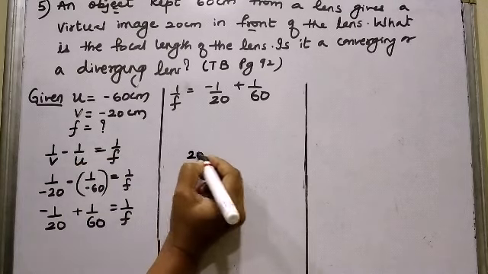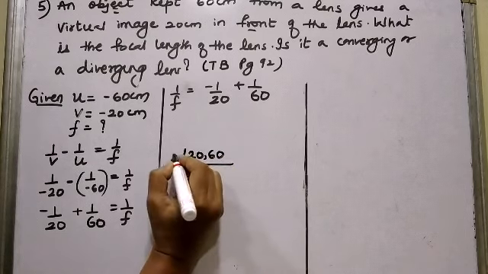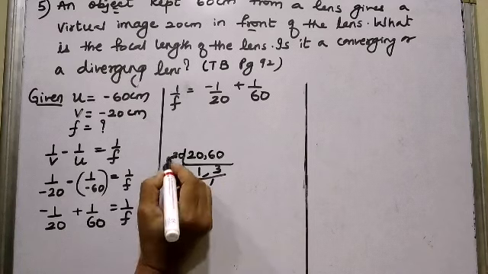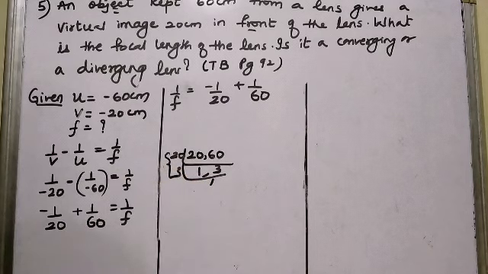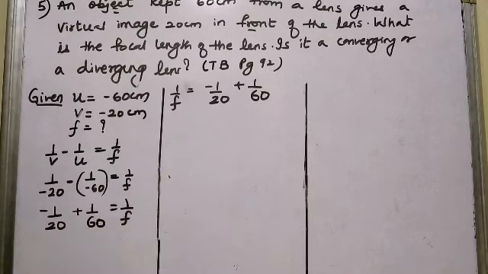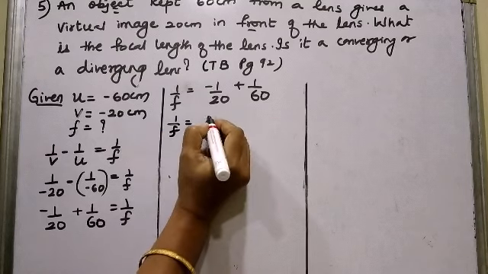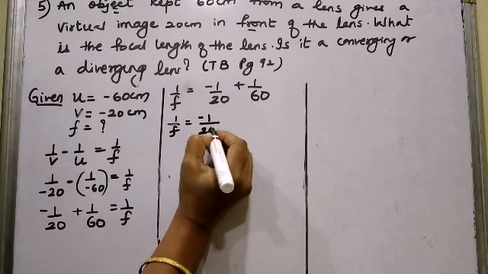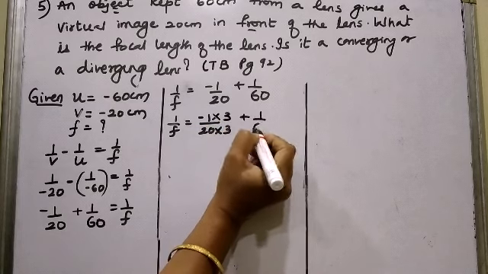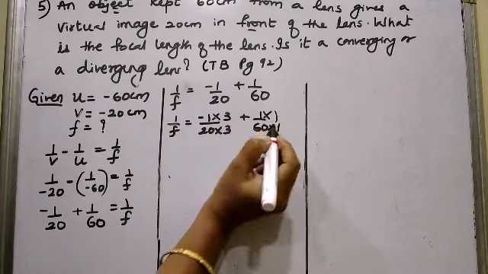As I told you, if you can do it directly, well and good. Otherwise, please use the LCM method. 20 ones are 20, 20 threes are 60, 3 twenties are 60. So the LCM is 60. So 1 by f is equal to minus 1 upon 20, 20 threes are 60 because the LCM is 60, into 3, plus 1 upon 60, 60 ones are 60, so into 1.